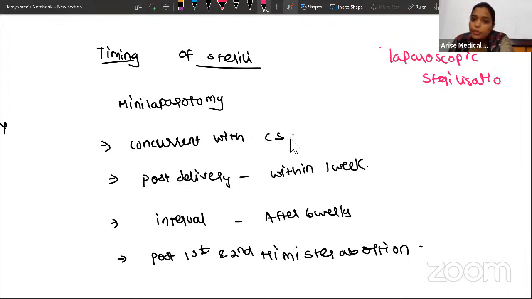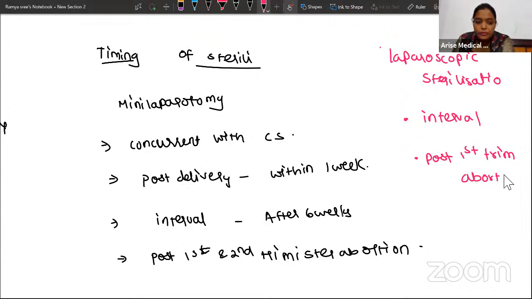You can't do laparoscopic sterilization concurrent with cesarean section or post-delivery or second trimester abortion. You do laparoscopic sterilization only interval, that is after 6 weeks of delivery, or you can do it post first trimester abortions. Okay, laparoscopic sterilization can be done interval or post first trimester abortion.